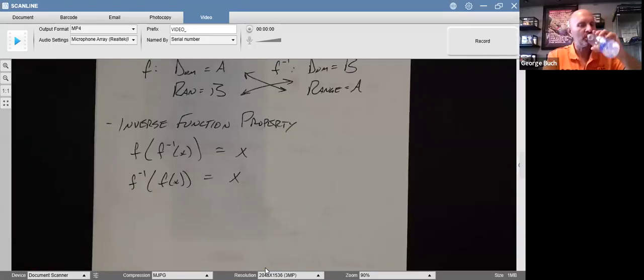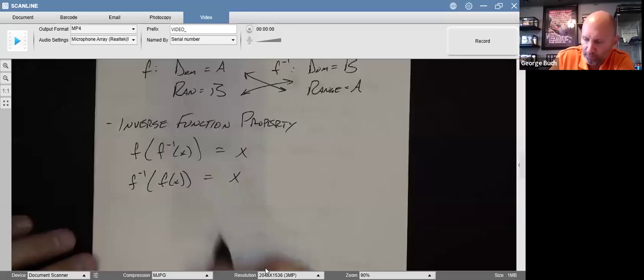So if we're given a function, how do we find the inverse function? We do that with the following steps.